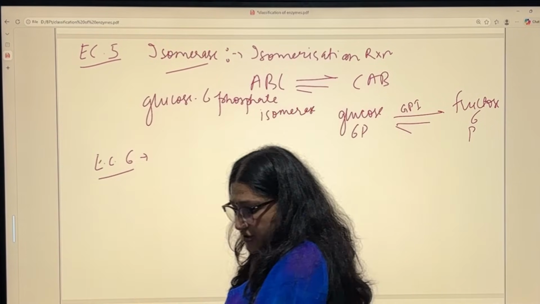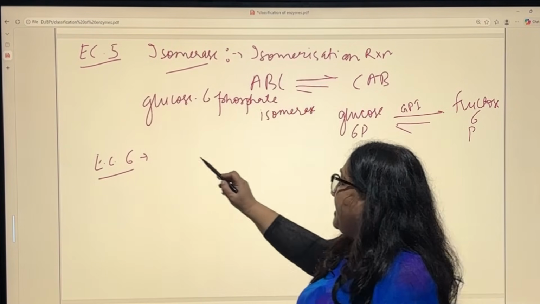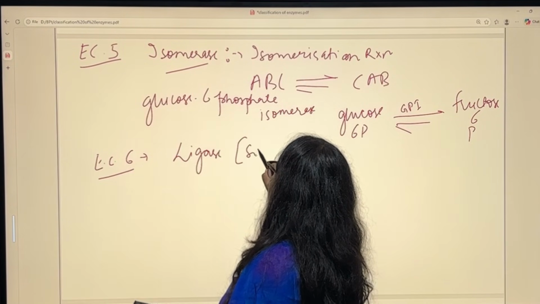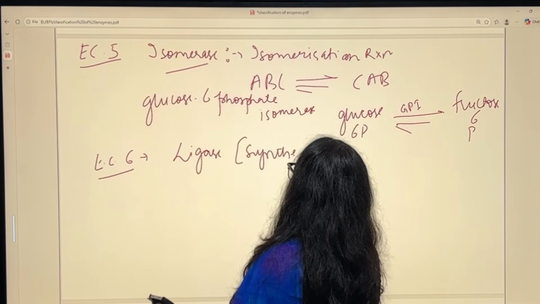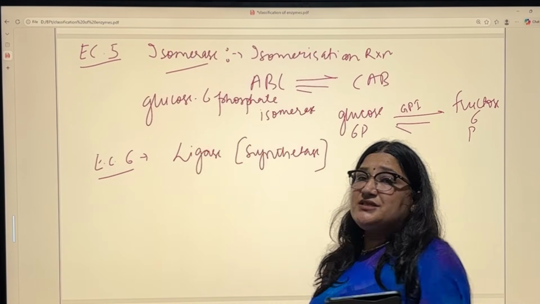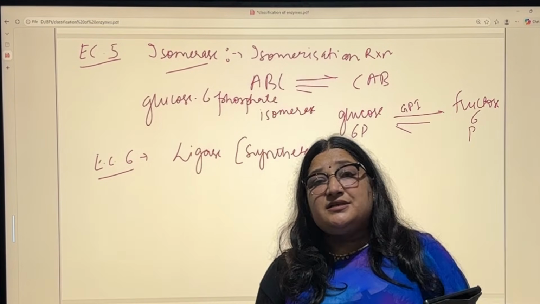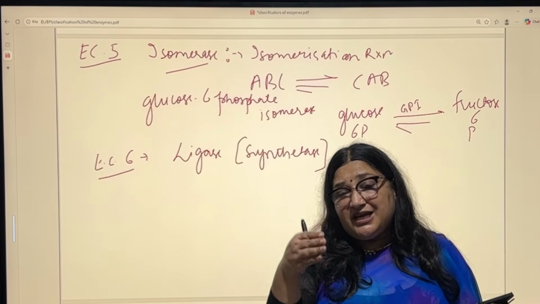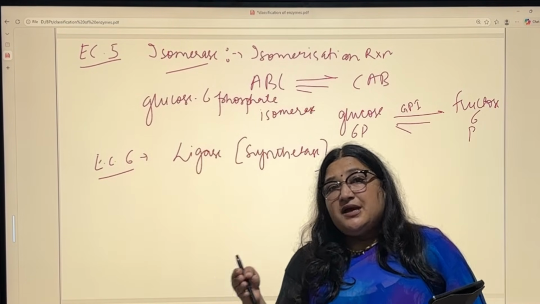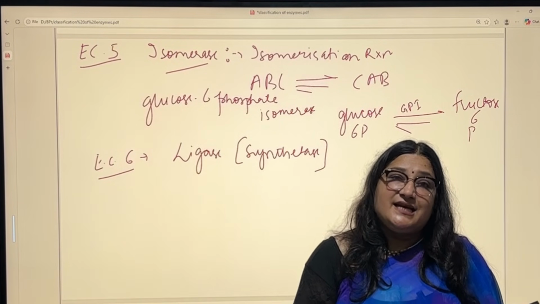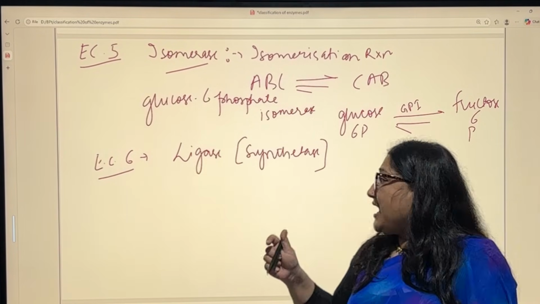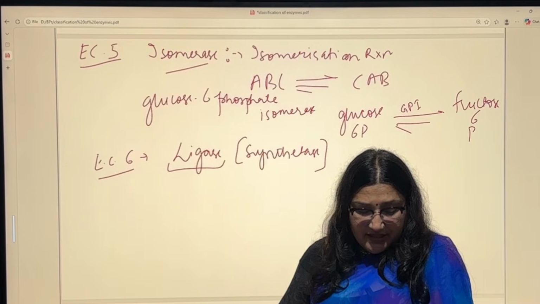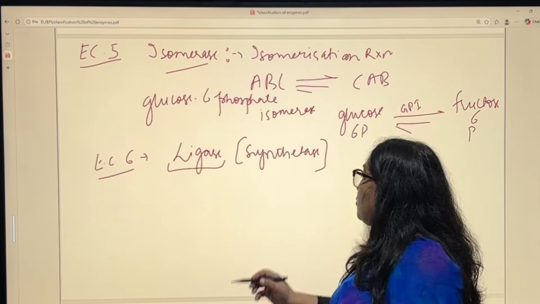Now the enzyme commission number 6 is the ligase. Ligase enzymes are also known as synthetases. This is an important enzyme of recombinant DNA technology. When we introduce a gene of one plant into another and make transgenic crop varieties, the two DNA ends are joined by this enzyme ligase. It works like Fevicol.